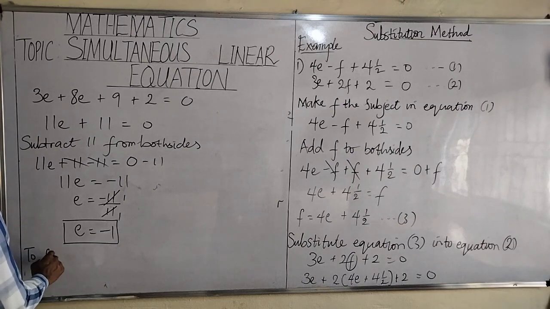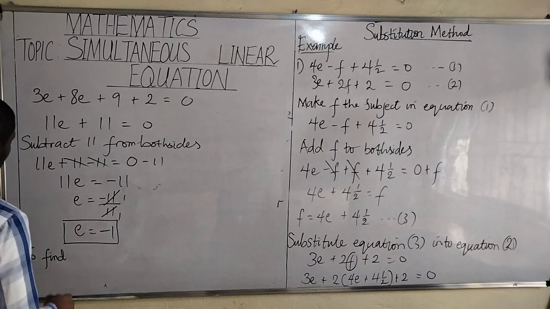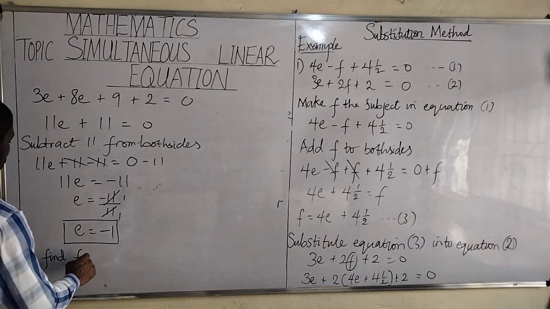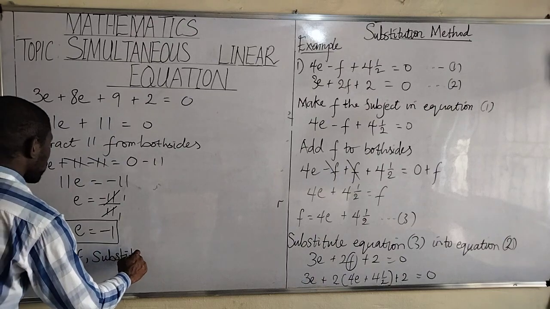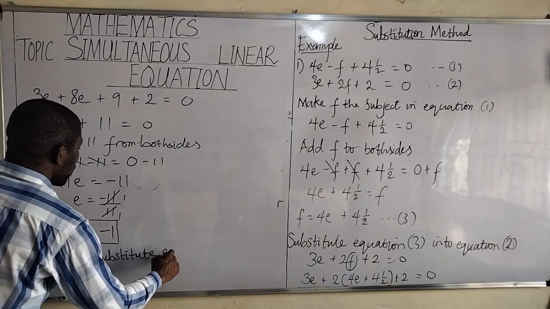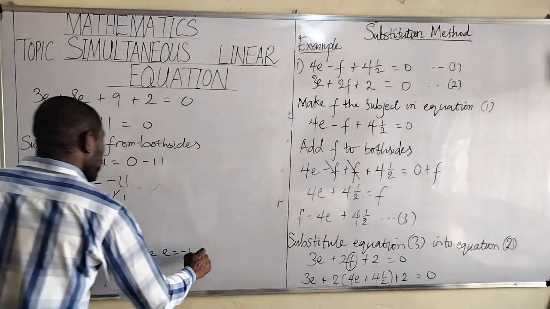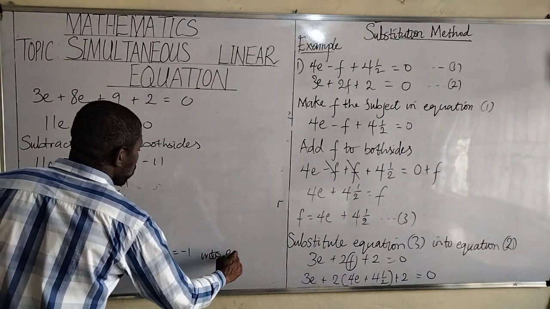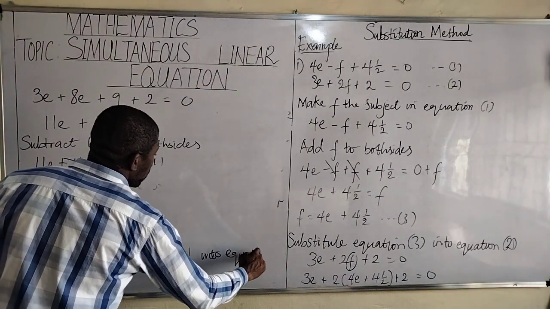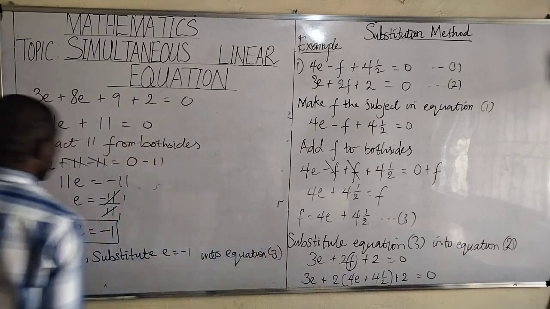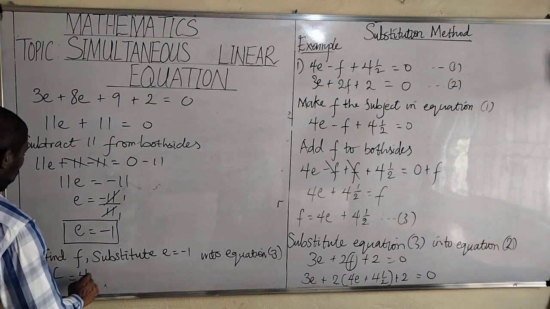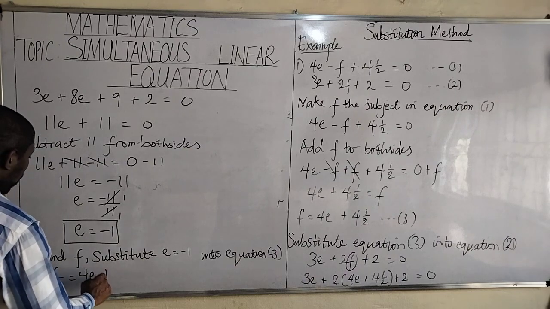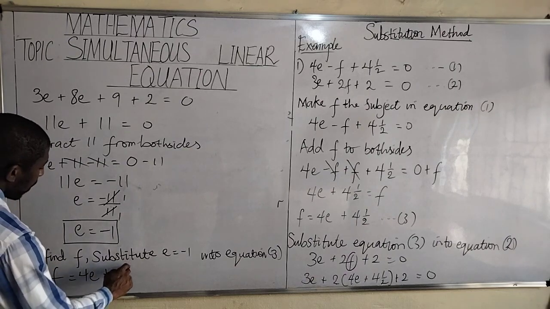Okay, having gotten this, you now say to find f, because we must get it, it's part of the solution to these linear equations. To find f, substitute e equal to negative 1 into equation 3. And we know that our equation 3 says f equal to 4e plus 4 whole number 1 over 2.